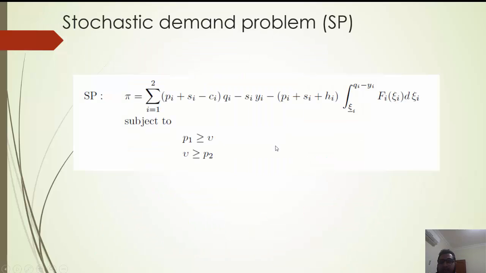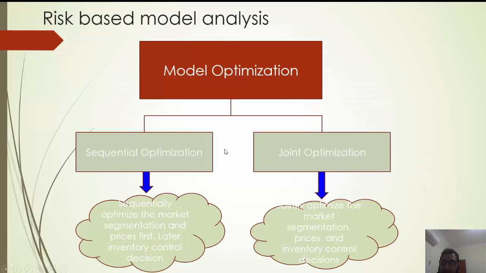There are two ways of analyzing this nonlinear program, which is stochastic in nature, subject to linear constraints: to follow a sequential optimization procedure or a joint optimization procedure. In the sequential optimization procedure, most of the time the firms work this way, that they decide on a parameter, and then based on a particular decision on that parameter, they decide the other control parameter.